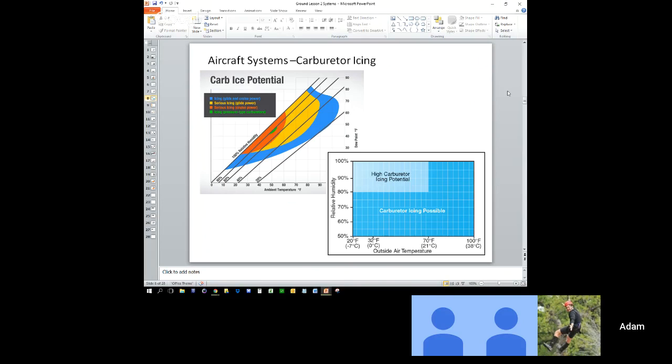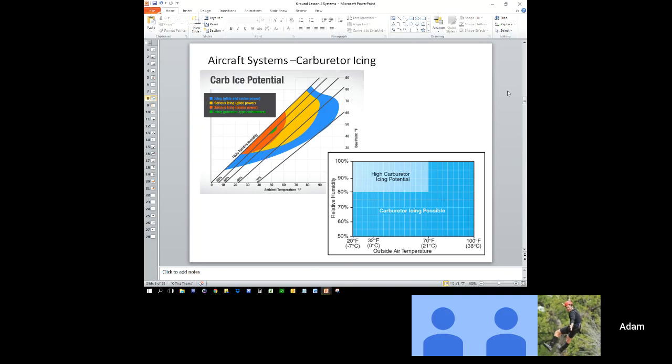So the one thing you're going to want to become familiar with, that's the science behind it. But from a practicality standpoint, what you're going to want to become familiar with is just like Alan talked about, the flight conditions. What conditions will you fly through where carburetor icing is likely? I've got a couple of graphs up here, just different ways to look at it.